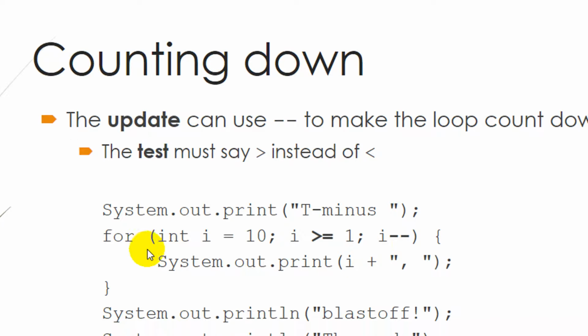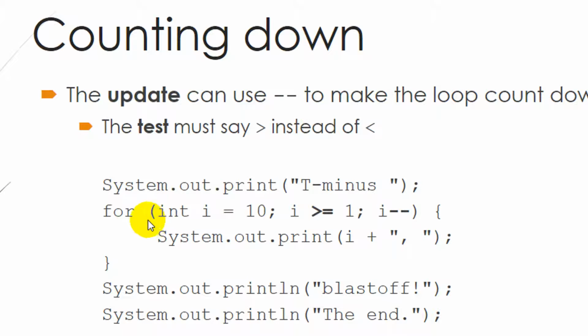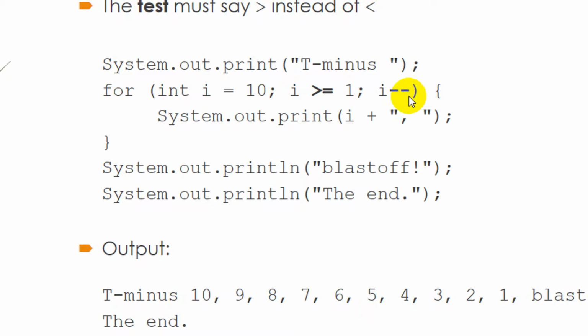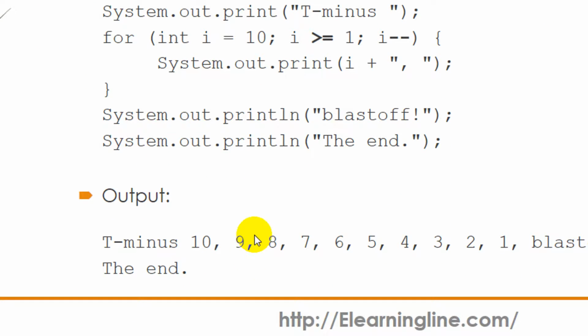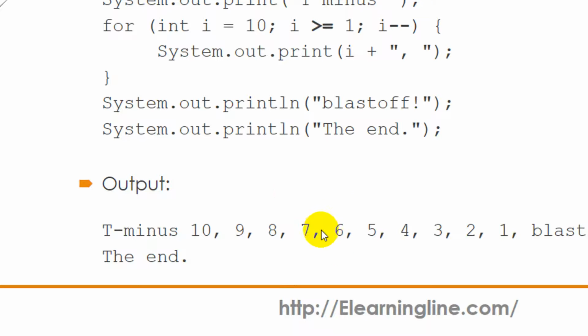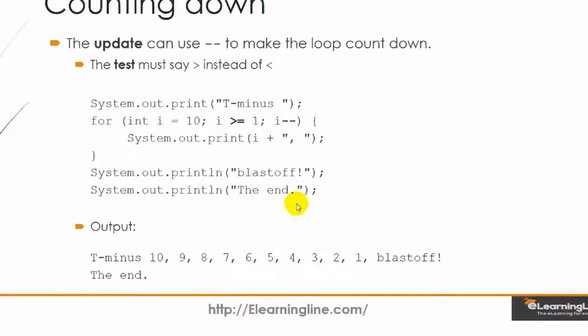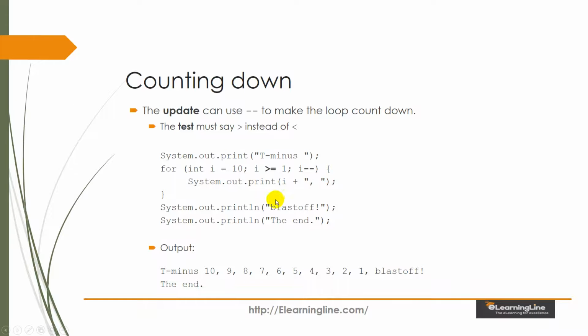Counting down, I have already shown you this thing. Start with 10, and then say i greater than or equal to 1, i minus minus. So first it's going to be 10, then it's going to go and do i minus minus. So 9, 8, 7, 6, 5, 4, 3, 2, 1, blast off. Let's run this program.